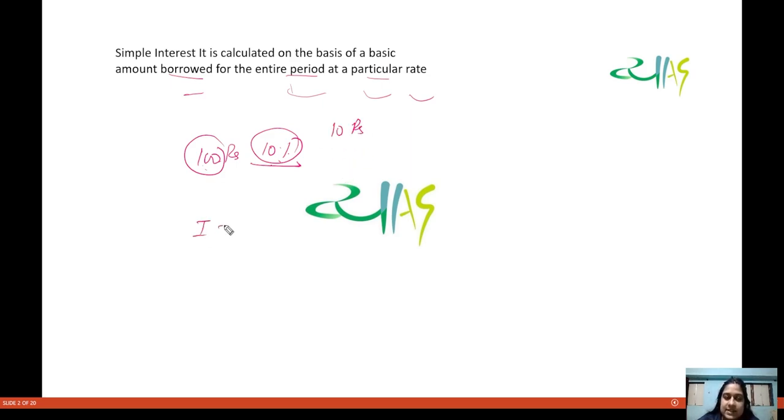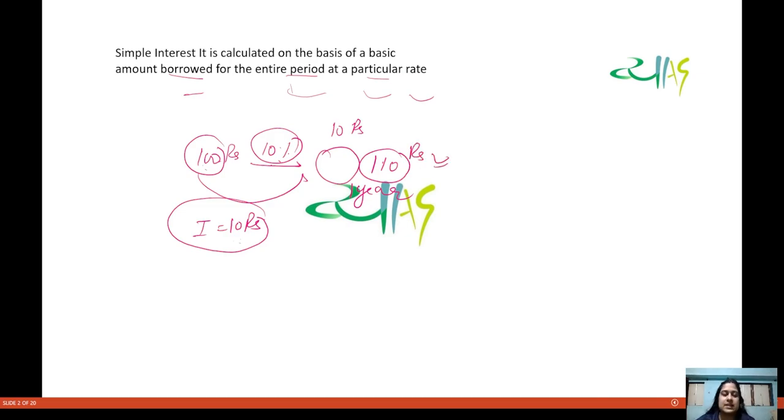So your interest is 10 rupees, and if this person gives the money back to you after 1 year, then you will have 110 rupees with you, because that person is now going to return 110 rupees to you. I hope you understand this concept.